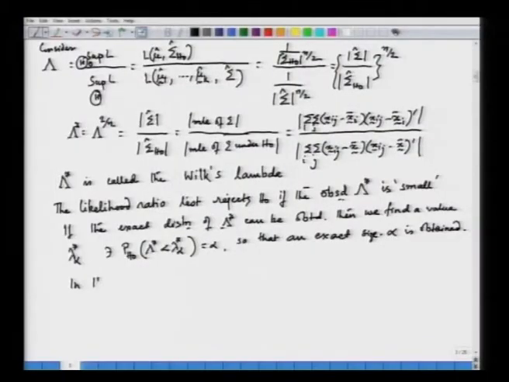So, we take help of this result. In the likelihood ratio test principle, let us use the acronym LR test principle.